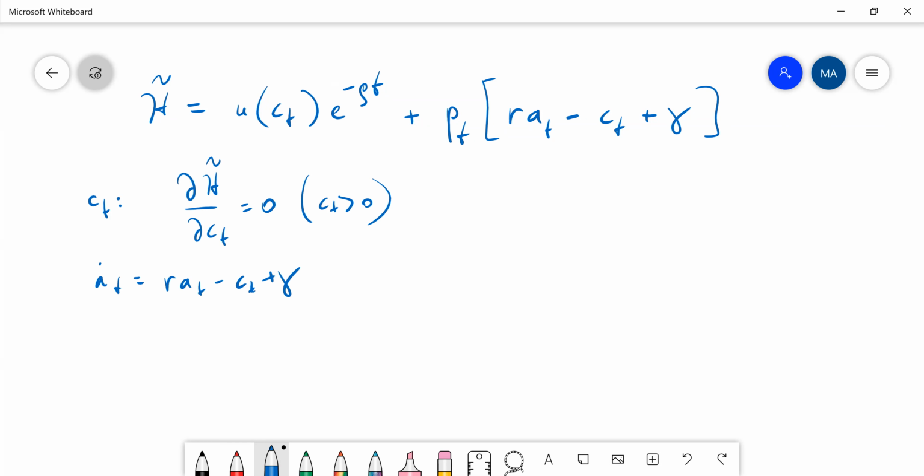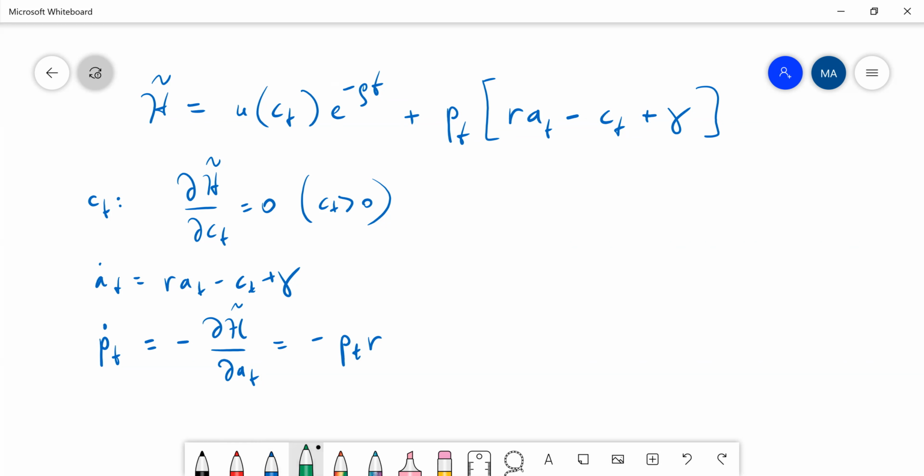Then we have the costate equation. Now be careful. Here I write the costate directly in this way. So it is minus P r. And the transversality condition is what? How do we now write the transversality?